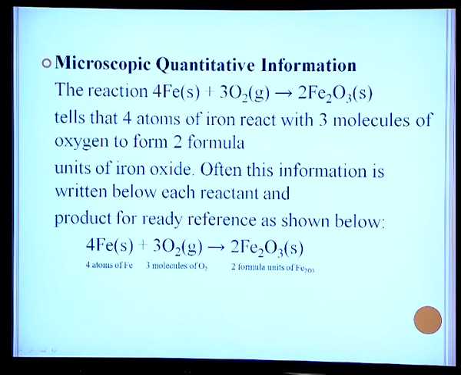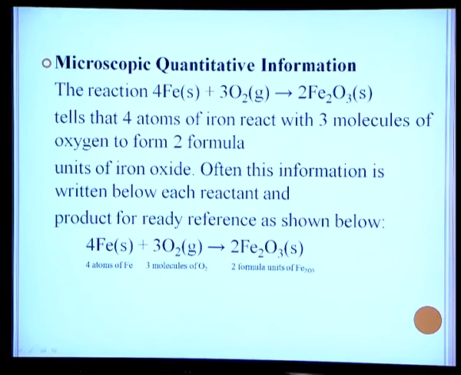Microscopic quantities information: the reaction 4Fe solid plus 3O2 gaseous gives 2Fe2O3 solid tells us that 4 atoms of iron react with 3 molecules of oxygen to form 2 formula units of iron oxide.